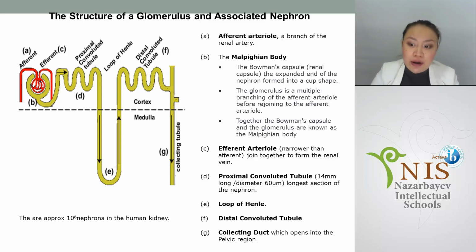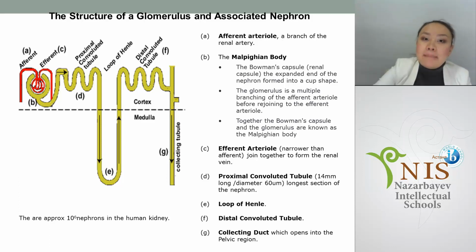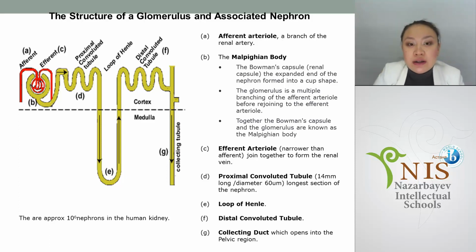What is the glomerulus? It is the multiple branch of the arteriole. Together, the Bowman's capsule and the glomerulus are known as the Malpighian body. Here it is labeled B.